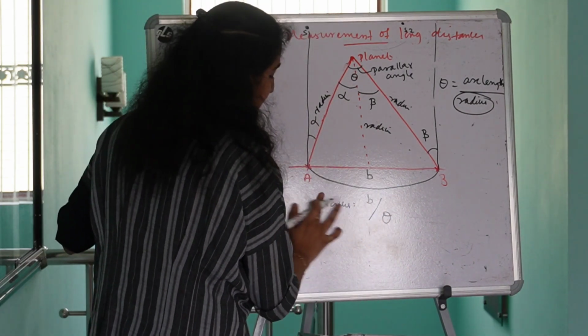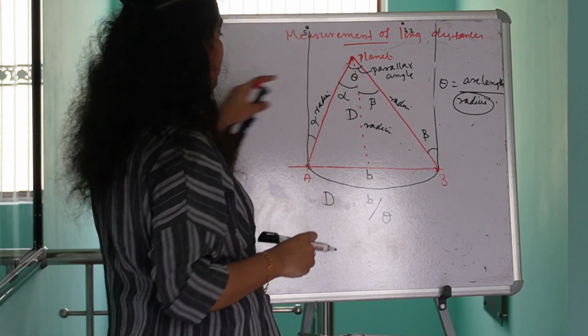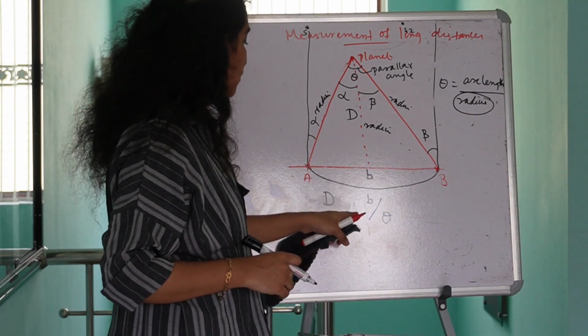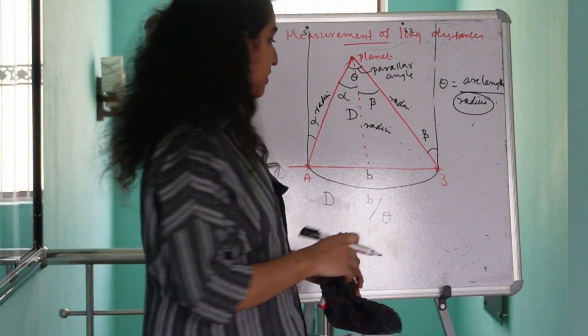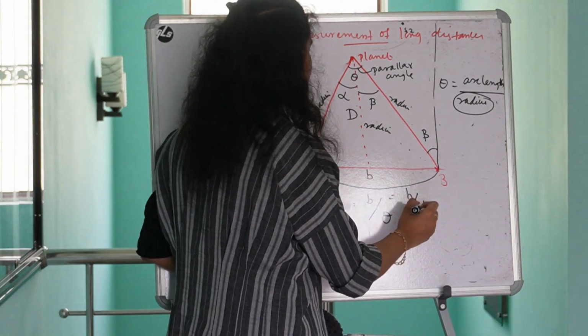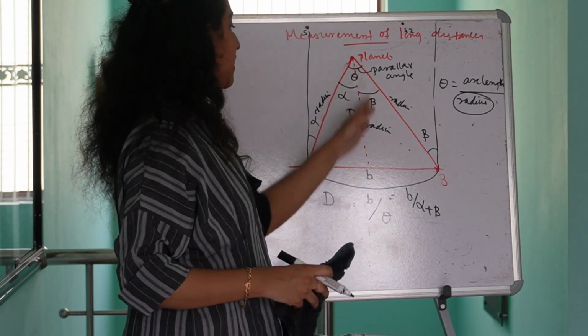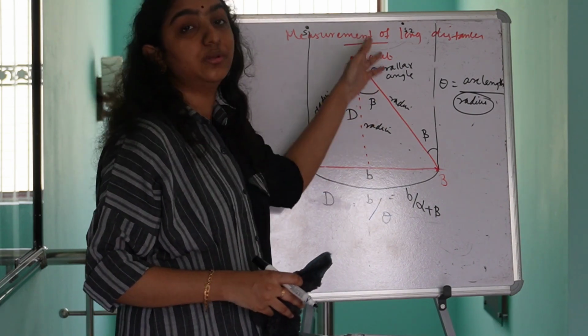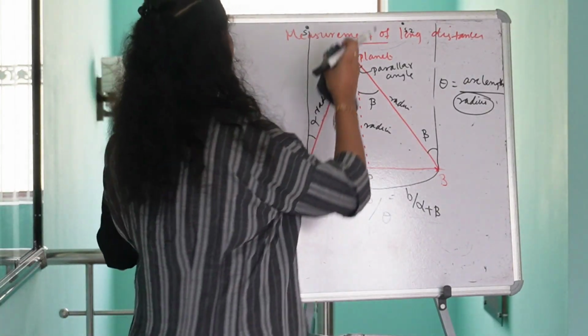So radius is nothing but distance d. Distance to the planet from the Earth's surface is equal to arc length divided by parallax angle. Theta is equal to alpha plus beta. This is how we find the distance to the planet from the Earth's surface. Is it clear? Yes.